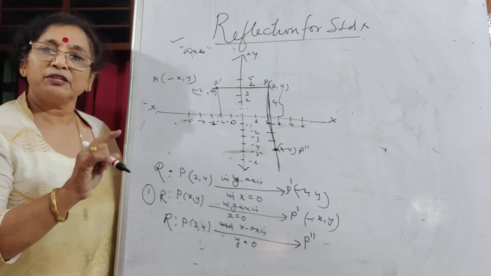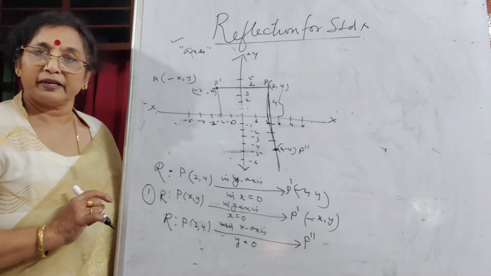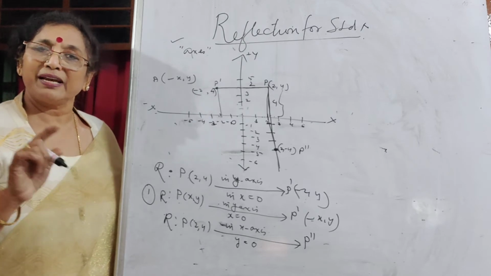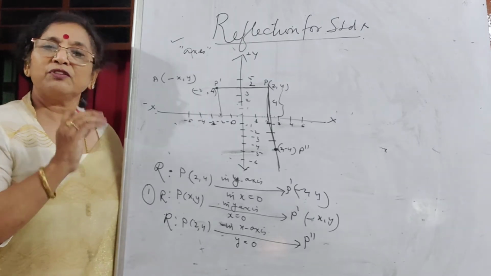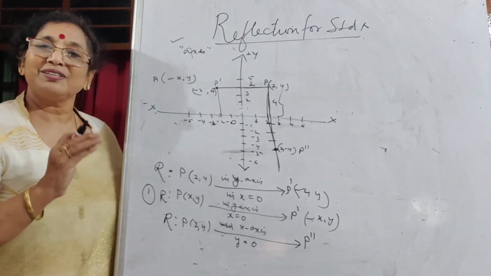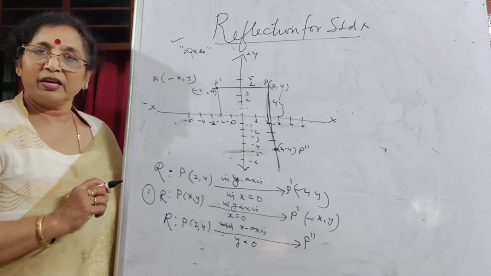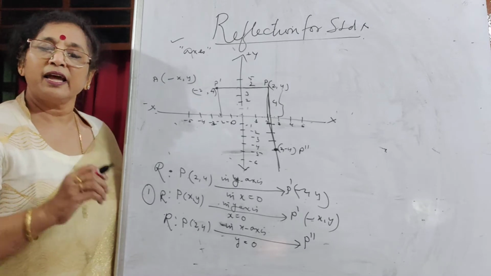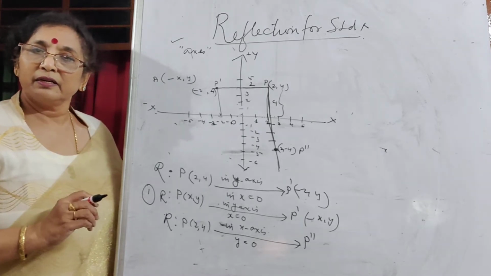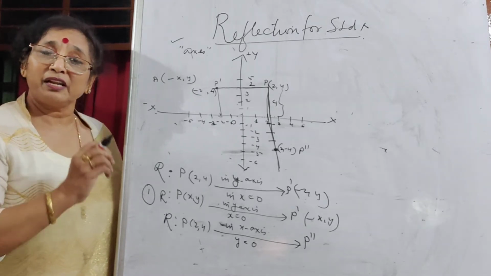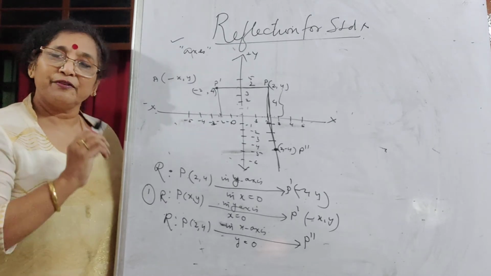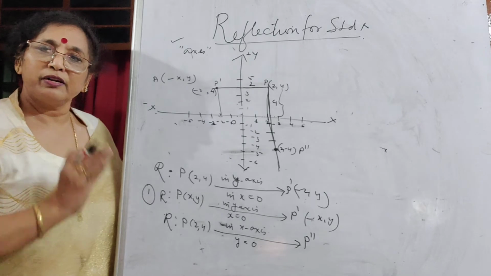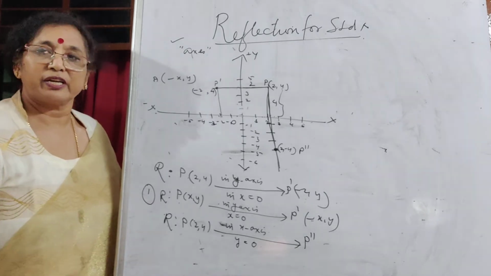If a mirror line is passing through 3, 4 and 3, minus 6, the equation of the mirror line is x equals 3. A mirror line passing through minus 1, 6 and 2, 6: 6 is the same, so the mirror line is y equals 6. Of course, we will do this in detail and depth when we do coordinate geometry, equation of straight lines.